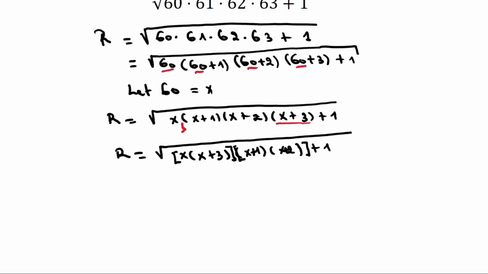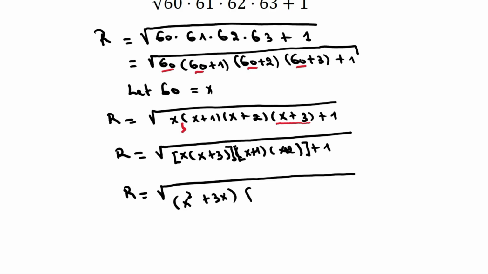I will get r equal to the square root of x squared plus 3x, right? And then times x squared plus 2x plus x plus 2, and then plus 1, right?